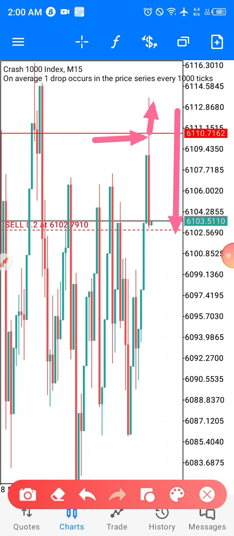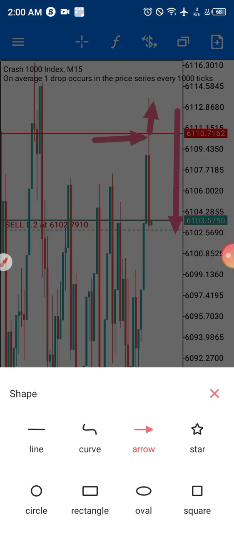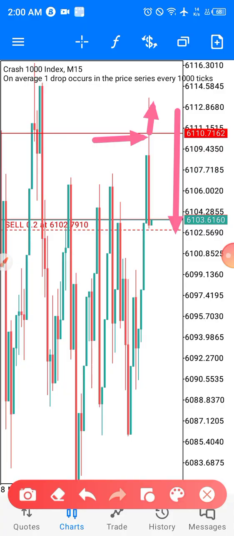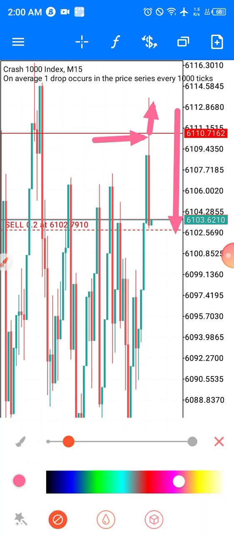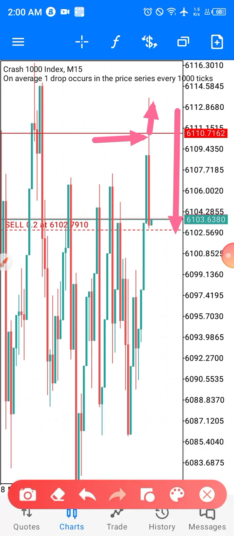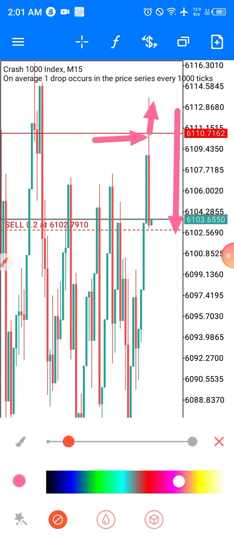So from here to here, this spike that occurred can give you, let's say, $2 loss. Which means you now have a loss of $2, right?